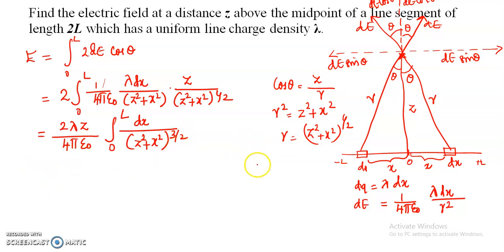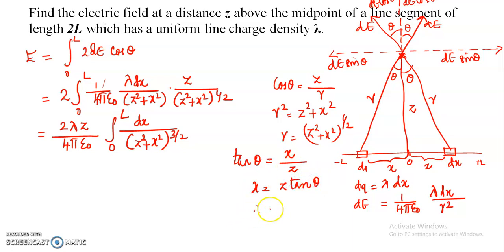Again we make another substitution. For that, from this right-angled triangle, we can say that tan theta equals opposite side divided by adjacent side. Here the opposite side is x and the adjacent side is z. So x equals z tan theta. Therefore, dx will be equal to z sec square theta d theta.